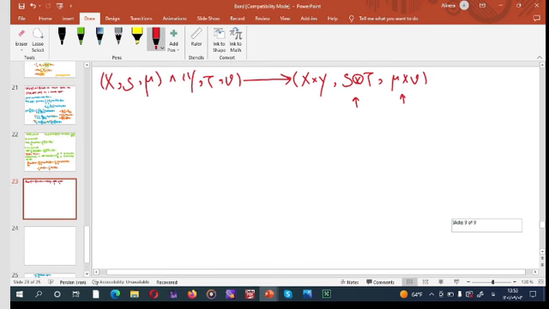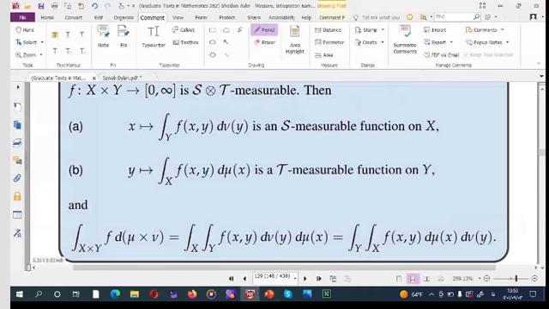Now in Tonelli's theorem, for a function from this space that is S tensor T measurable, we see the relation between the integral of f with respect to this product measure, and the integral of f with respect to the two measures nu and mu.